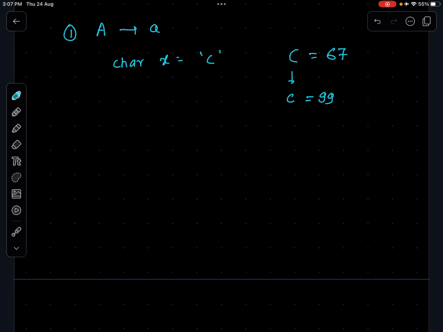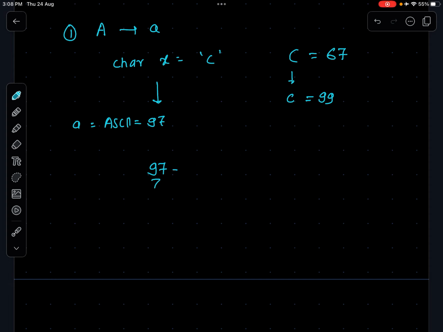So how can I convert this capital C into the small c? We know that the small alphabet, that is a, starts from ASCII value 97. So what I will write is 97, because I need to go to lowercase, and lowercase begins with 97.